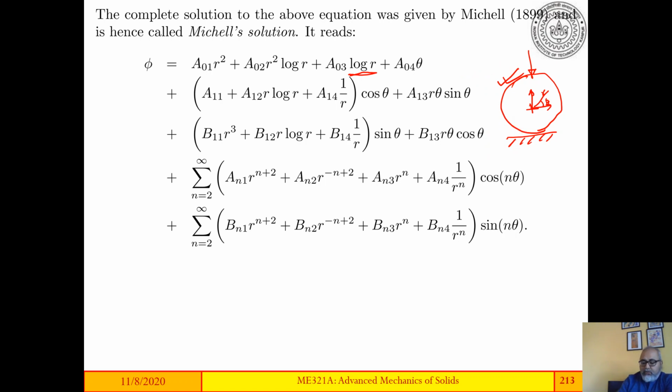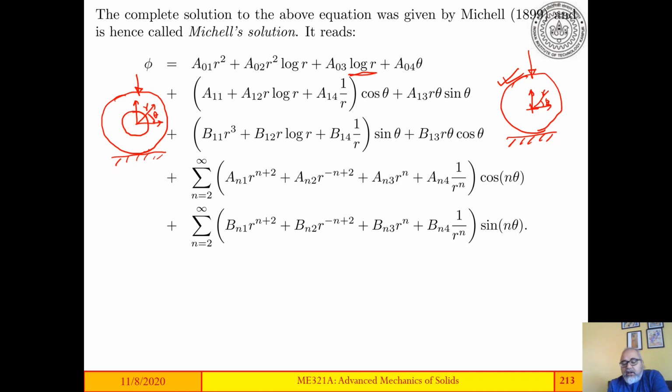from problems like this where R equal to 0 is part of the solution. However, you must remember that if the problem is like this, say R equal to 0 is not part of the domain, so you have a hole here, you have an annulus basically. So R equal to 0 is not part of the domain.